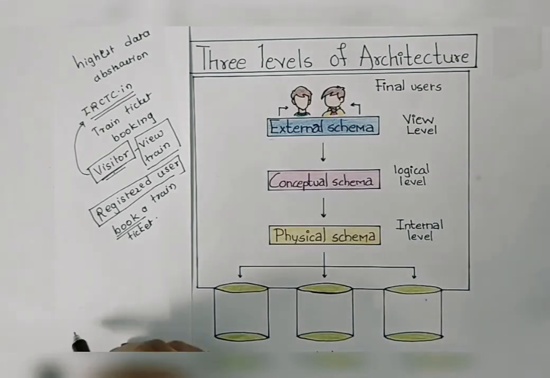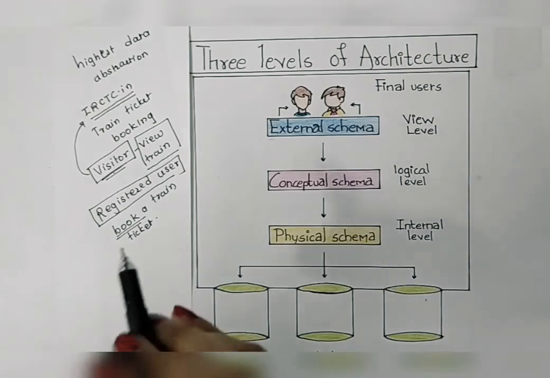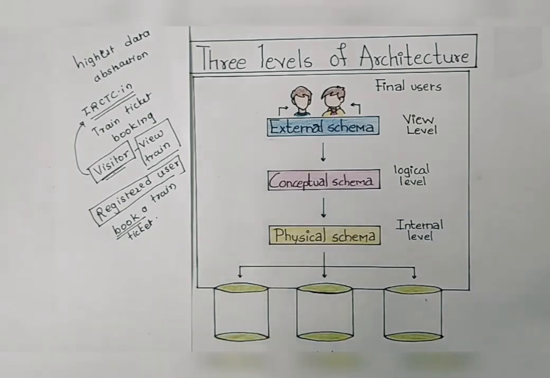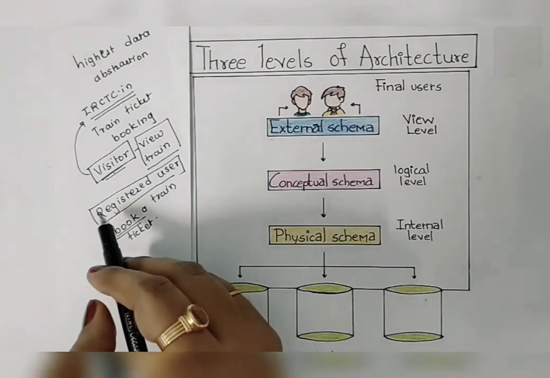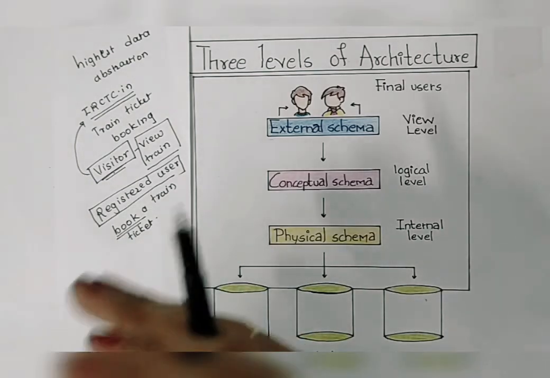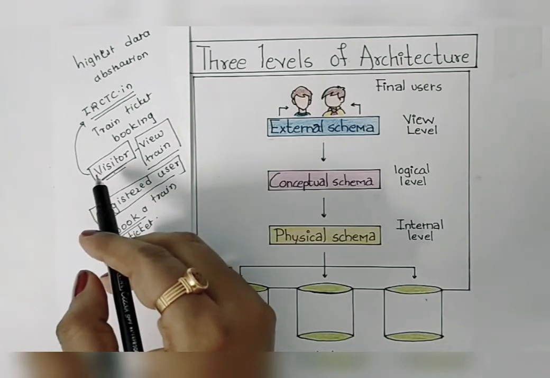So even if you have different users over here, they will have different visualization of data. The view provided to both of them is different. Means access provided to registered user is quite more than access provided to visitor.